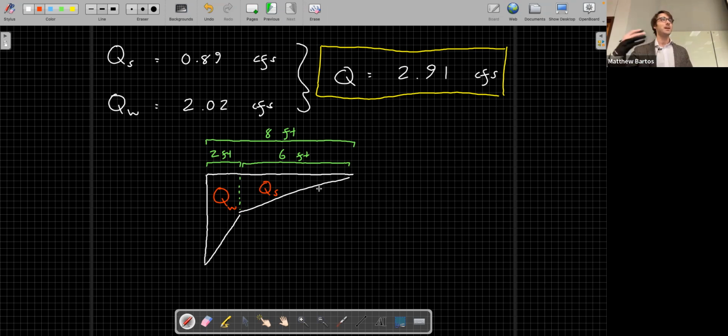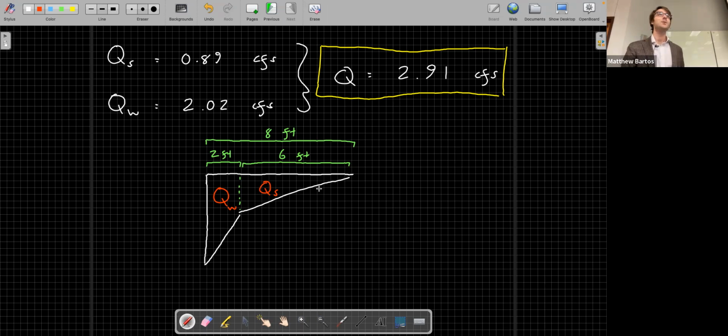If you have a steeper sloped outer section in your gutter, you can achieve a much greater discharge for a given design spread. And that's why composite gutters are often used. You'll often see them here in Austin as well, especially along major roads, arterial roads, highways, and that sort of thing.